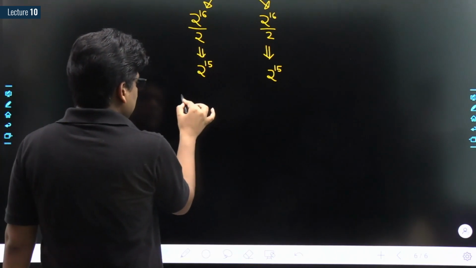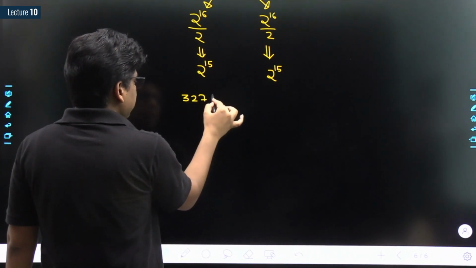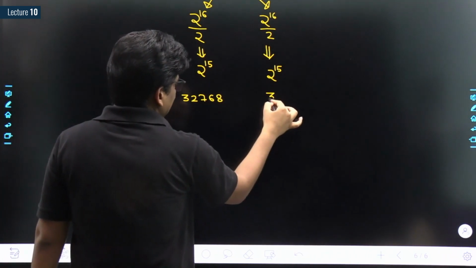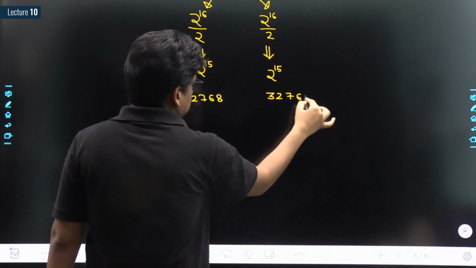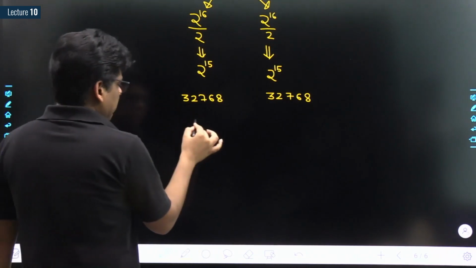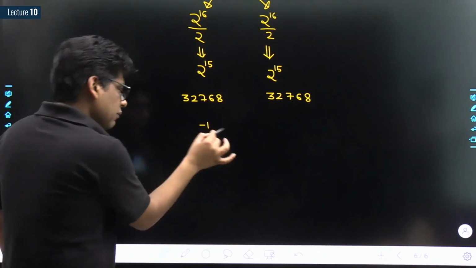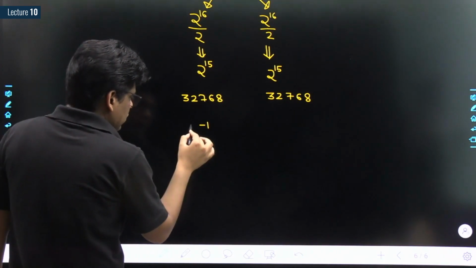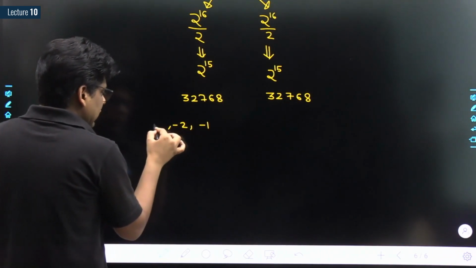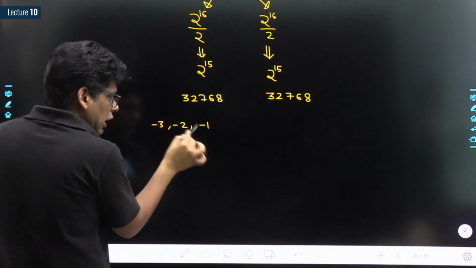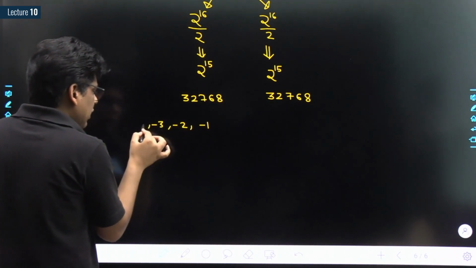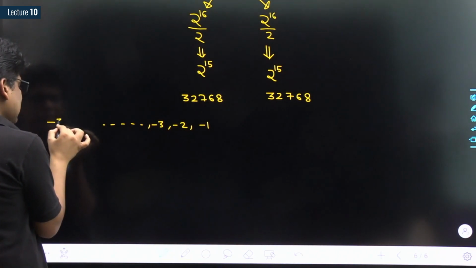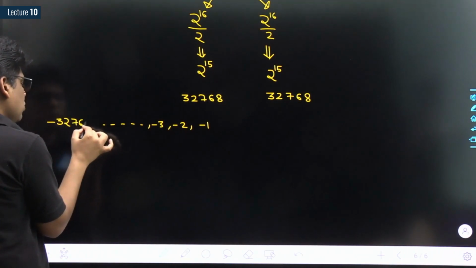This number is nothing but 32768, and the same here, 32768. Negative numbers start on the number line in this direction. Opposite to positive, it is -1, then -2, then -3. Since our counting for negative numbers starts from 1, it goes till exactly -32768.